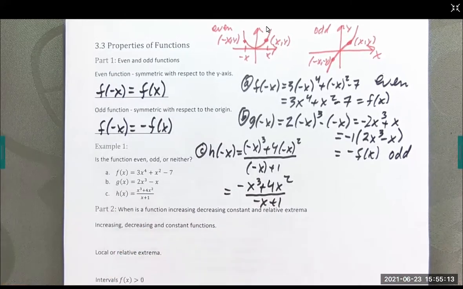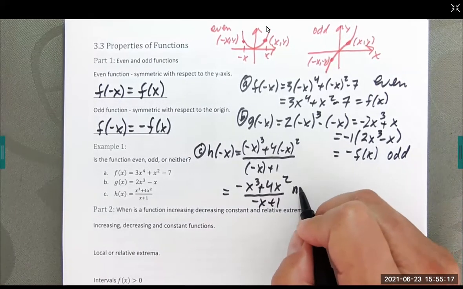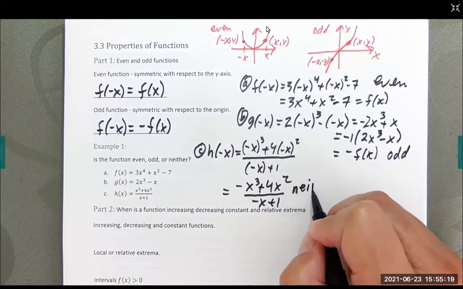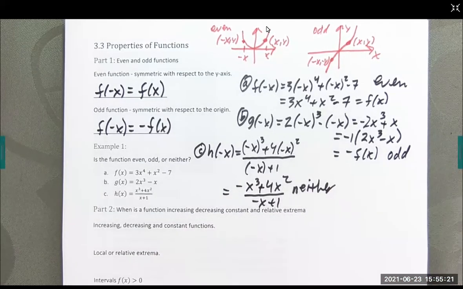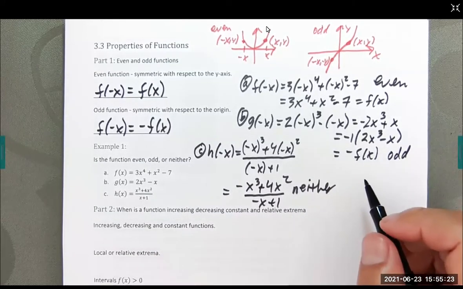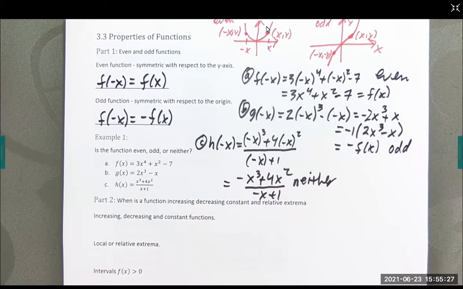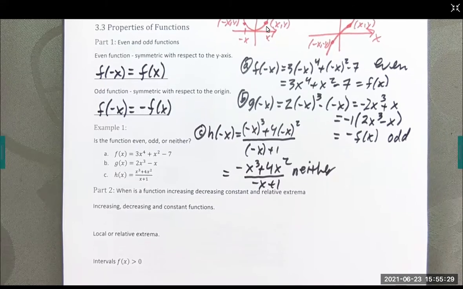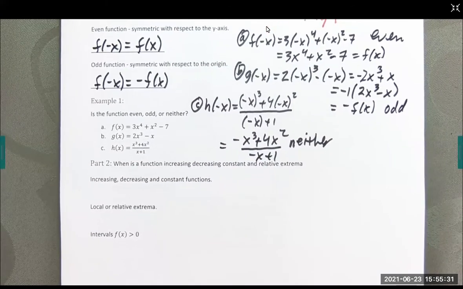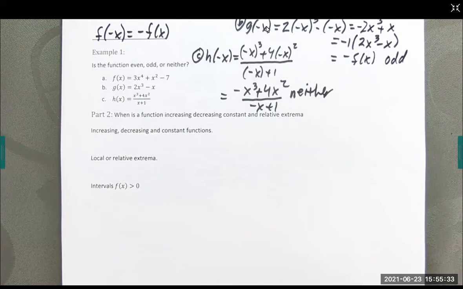Ooh, that is not h of x or negative h of x, so this is neither. So it's not even or odd. We don't get h of x back or negative h of x. We get something just different altogether. Just like I said, that's more common actually.